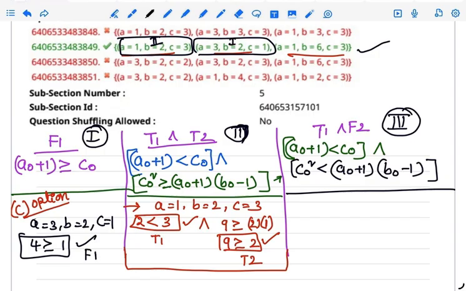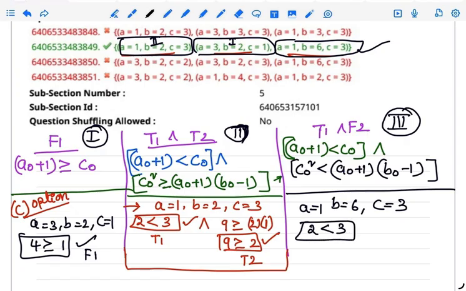Next, the last option, C equal to 1. This is the left, right? So A equal to 1, B equal to 6, C equal to 3. In this condition, A0 plus 1 means 2 less than 3. So this is satisfied, right? So T1 satisfied. And next T2, we are checking F2.